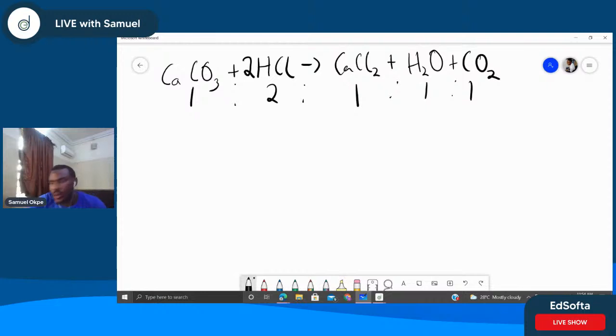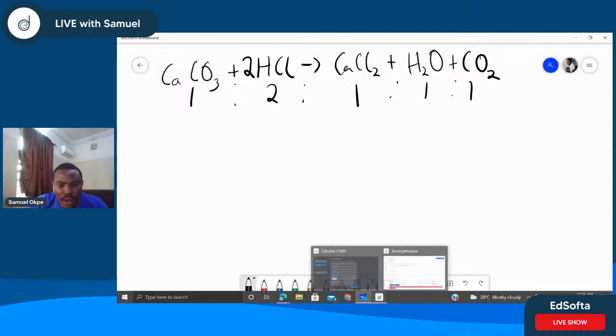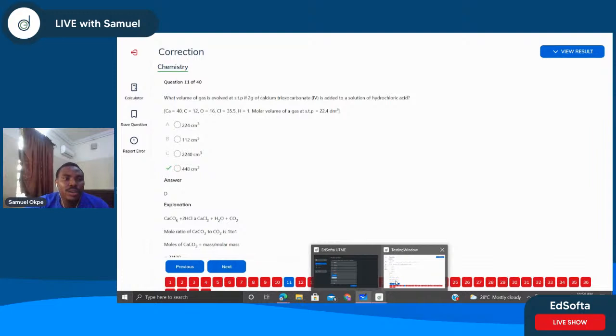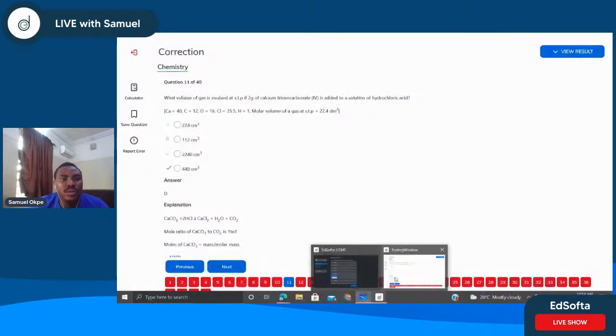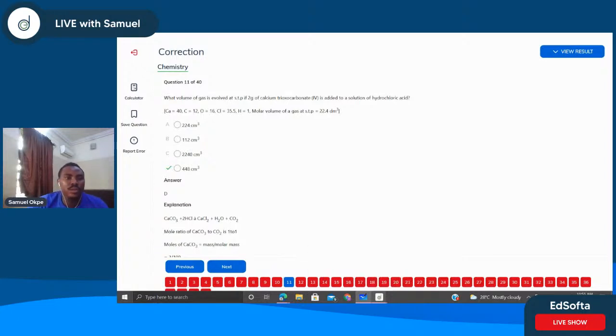Now let's go back to the question and see if we can solve it. They told us to find the volume of gas evolved at STP if 2 grams of calcium carbonate is added to a solution of hydrochloric acid.